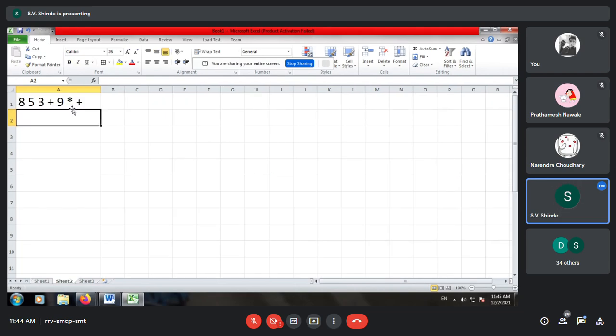Try this. These are separate digits, so 8 is separate, then 5 is a separate data element, and 3 is also a separate data element, followed by plus, then followed by 9, followed by multiplication, and followed by plus. Try to evaluate it and put your answer into the chat box.